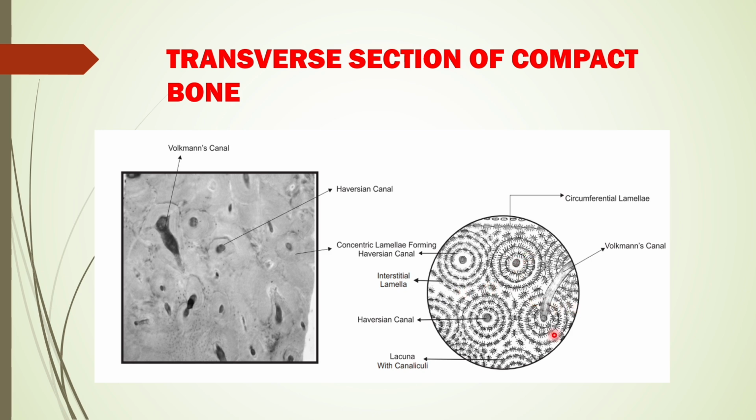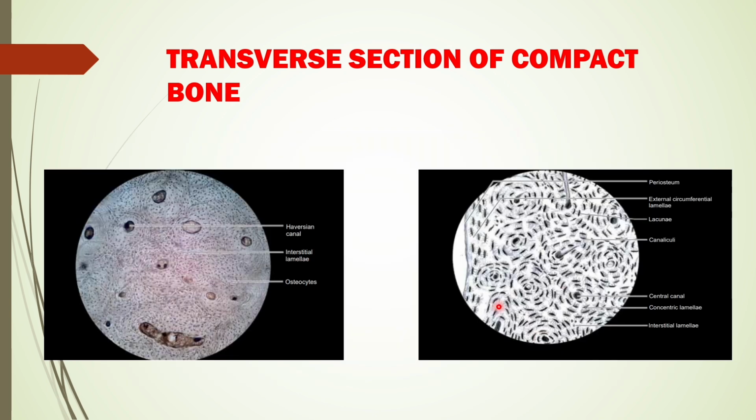Now the two Haversian canals are connected by Volkmann's canal. So here you can see lacunae which contain the osteocyte, then canaliculi, and the concentric lamellae arrangement.